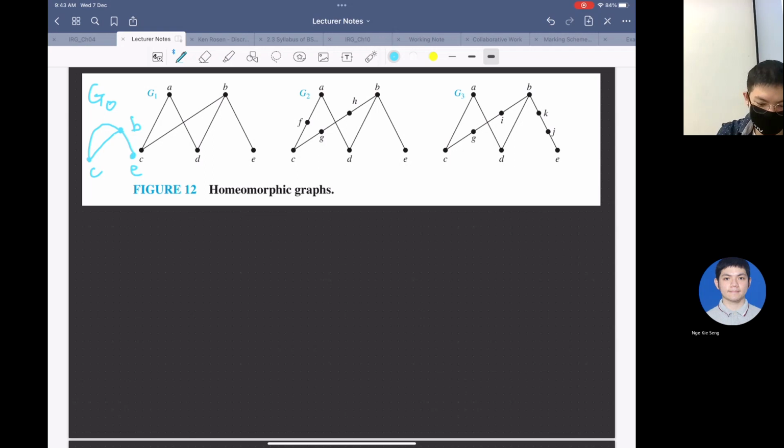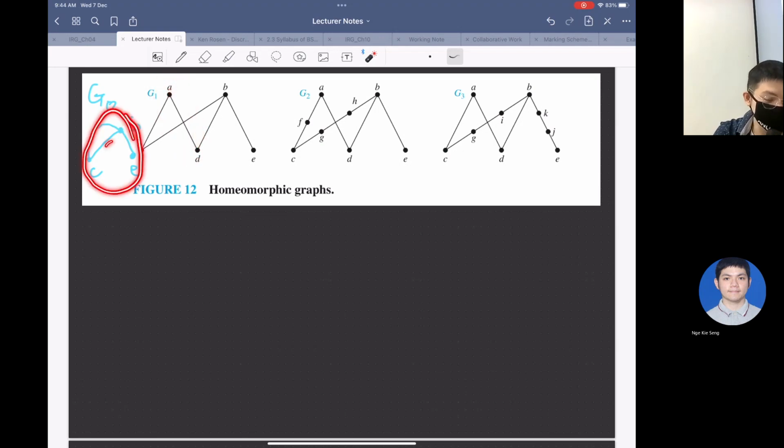Can you see that or not? So you can go back to this one. Subdivide these two points, so you can subdivide it to become this one. Can you see or not? So you can take this edge here, and then put A, and then put B here, so that you go to this one.